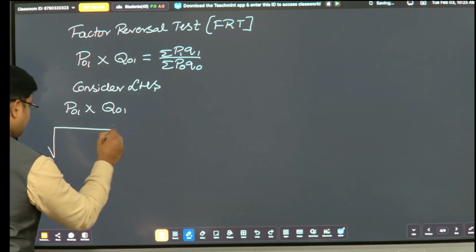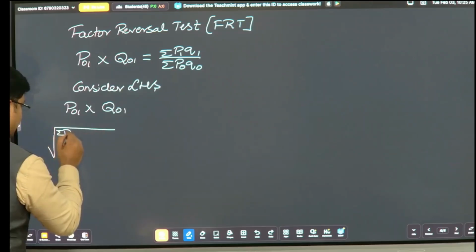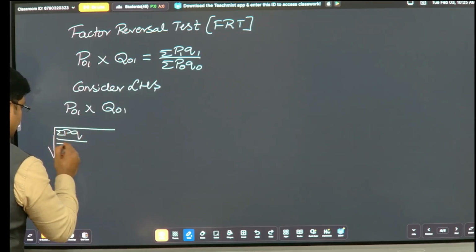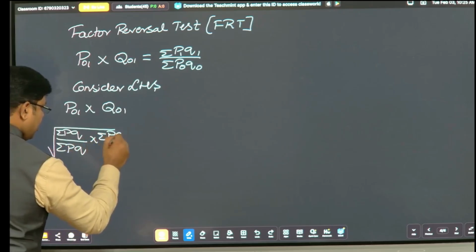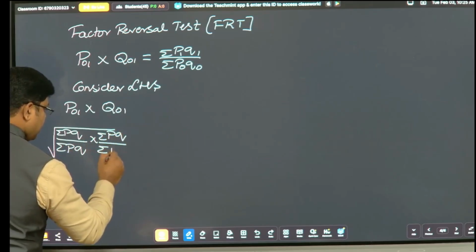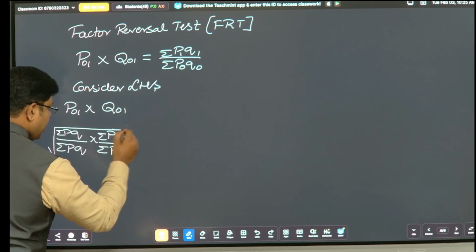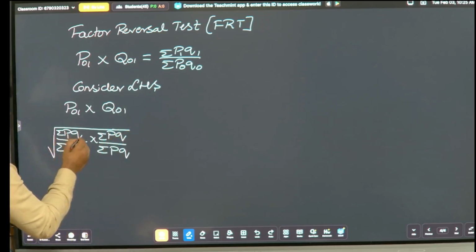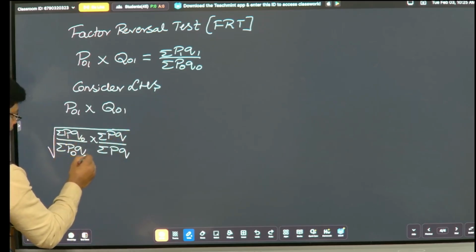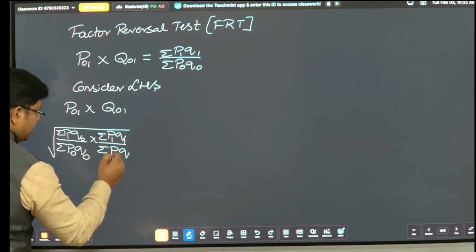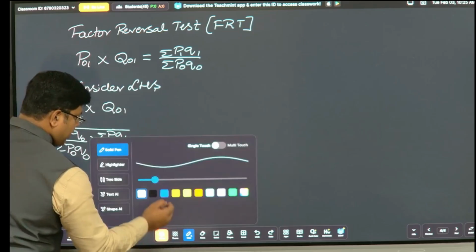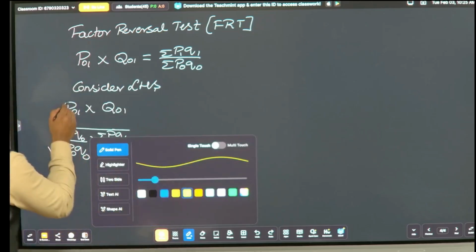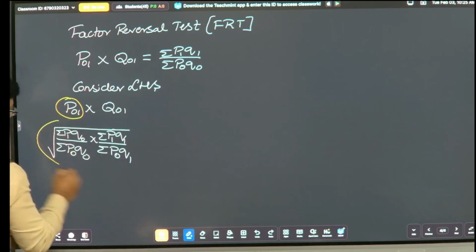Square root of summation P1 Q0 into summation P1 Q1 divided by summation P0 Q0 into summation P0 Q1. This is the P01 formula. Any doubt in this part?